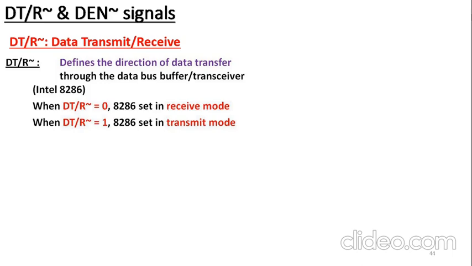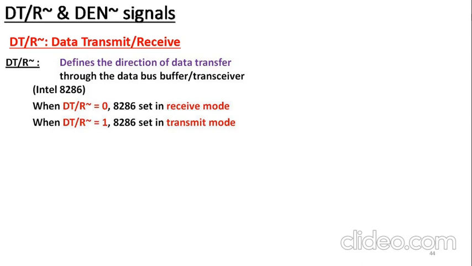So this DT/R bar signal defines the direction of data transfer through this buffer. When this signal is equal to 0, then this data bus transceiver 8286 will be set in the data receive mode. Why? Because transmit is active high, DT/R bar, and receive is active low.